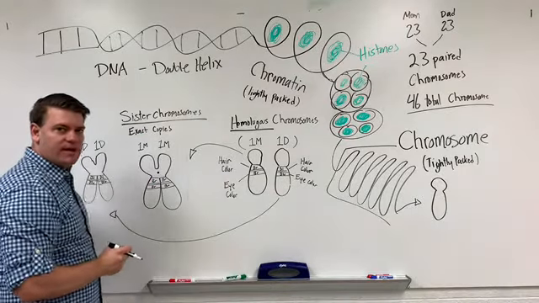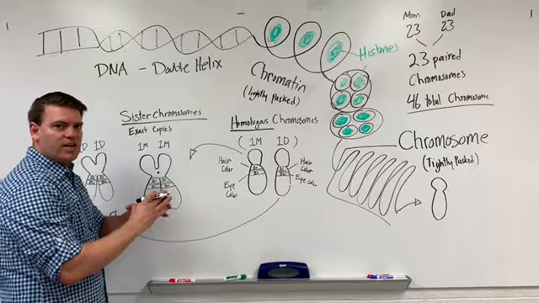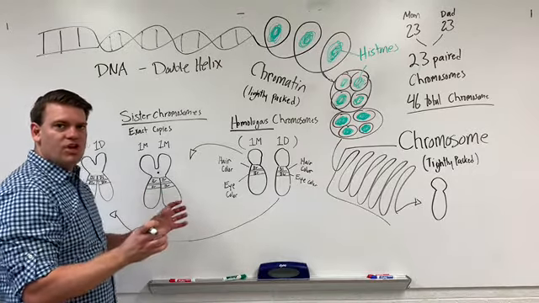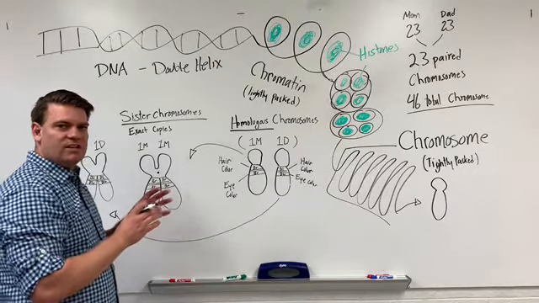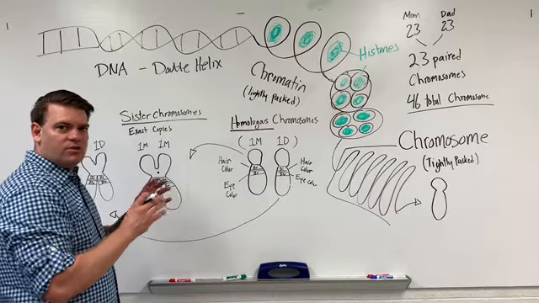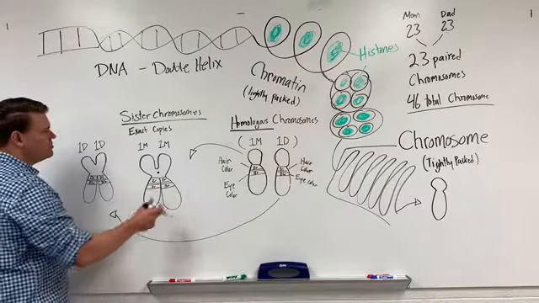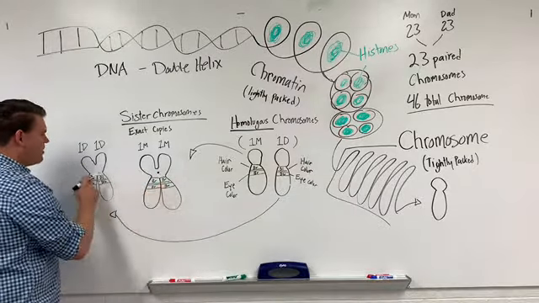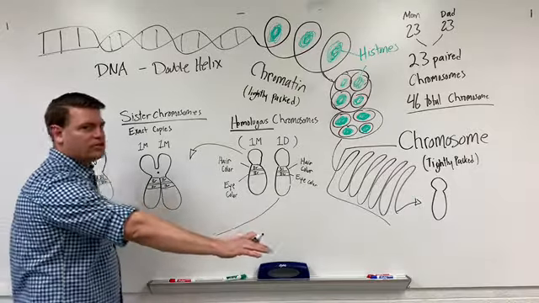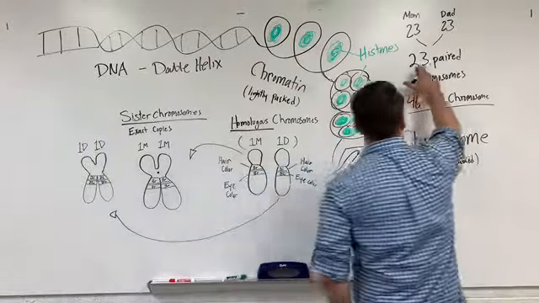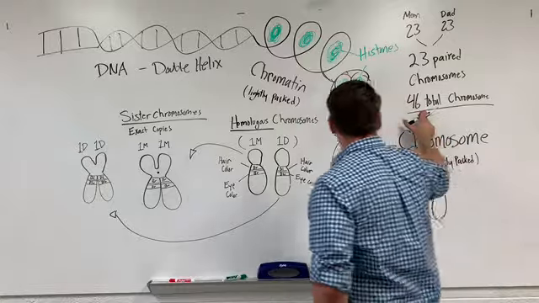And the reason we're going to make an exact copy of it is that when you have one cell and you're going to divide it into two cells, you want to have all the genetic material shared between the two cells. And so what you end up doing is you make an exact copy of all your chromosomes. So all your 23 pairs, you're going to make an exact copy of them.